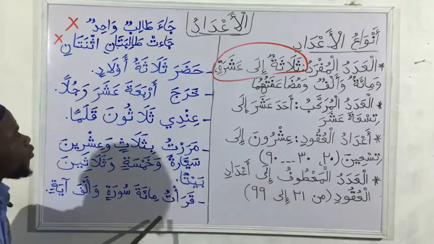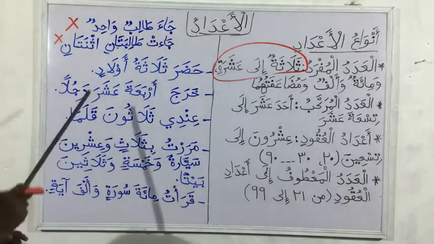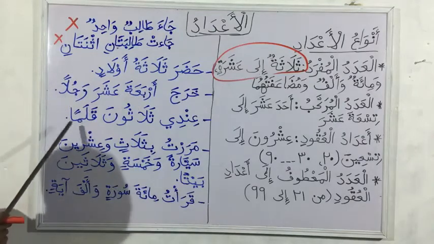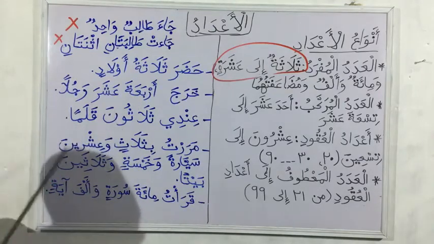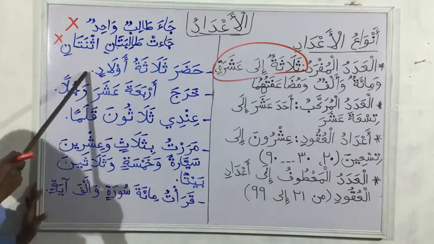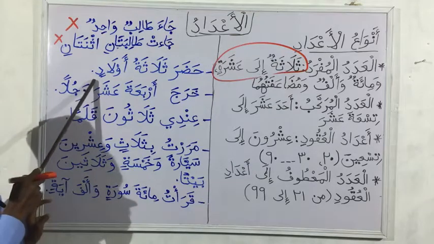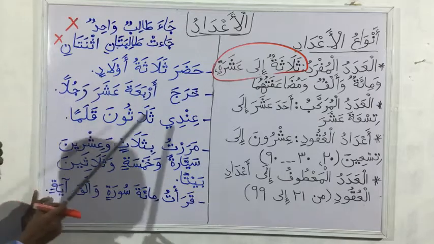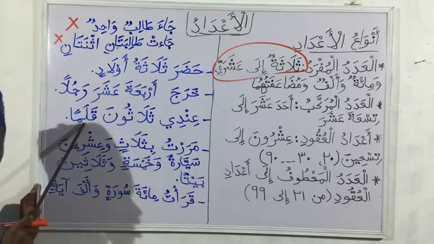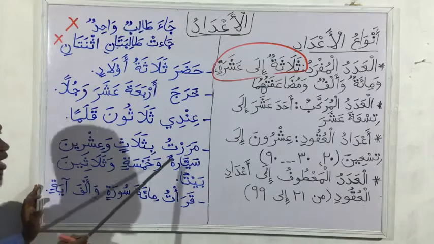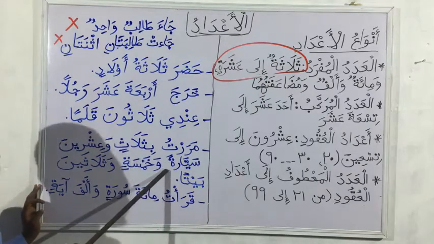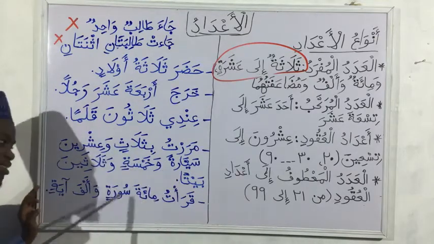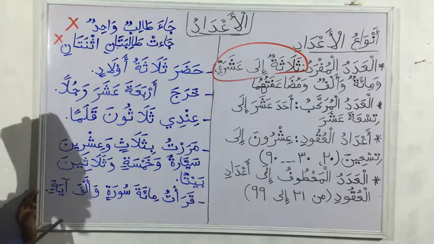So what I want you to notice here is the words coming after the adad, the nouns coming after the adad. Here it is plural and it is taking kasra. Here it is singular and it is taking fatha. Here it is singular also taking fatha, singular taking fatha, singular taking kasra, singular taking kasra.